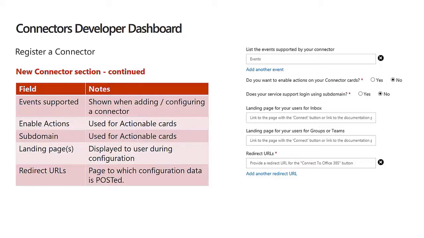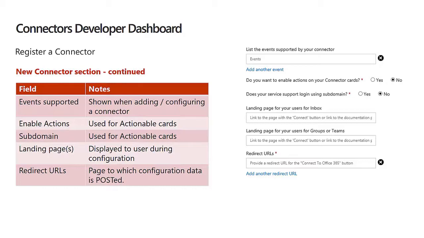We need a landing page for our users with the inbox and or Teams. And when the users first click the configure button inside the list of connectors, they see our landing page. That provides information about your connector as well as abilities to invoke the connection. The specifics of this are changed based on the hosting application, but you want to make sure you understand you have these options. Furthermore, you have a redirect URL, which is the page to which the information is sent.